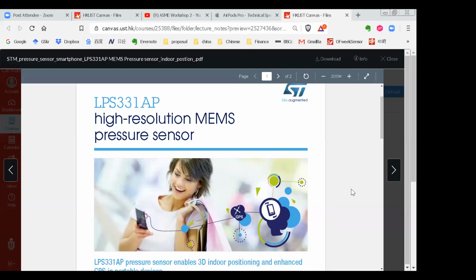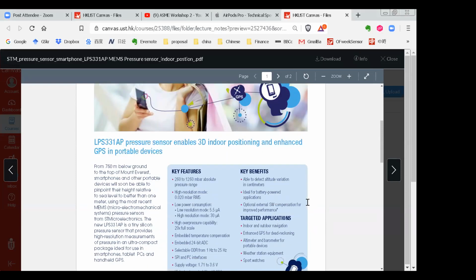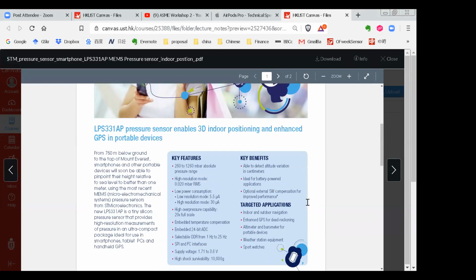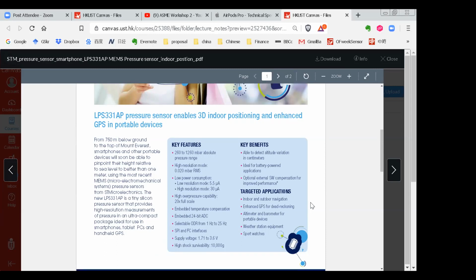You can go to the website and look at this particular product, a high resolution MEMS sensor, which has a much smaller form factor. It's also a digital pressure sensor, and it enables 3D indoor positioning and enhances GPS in portable devices including your smartphone and smartwatches.